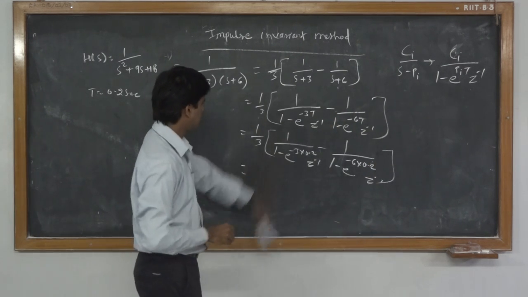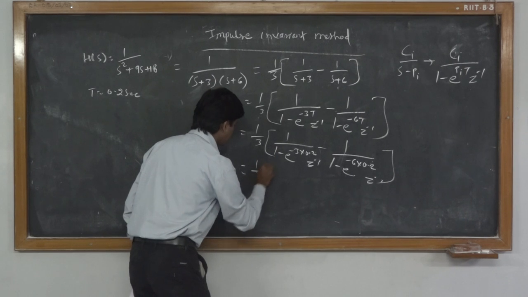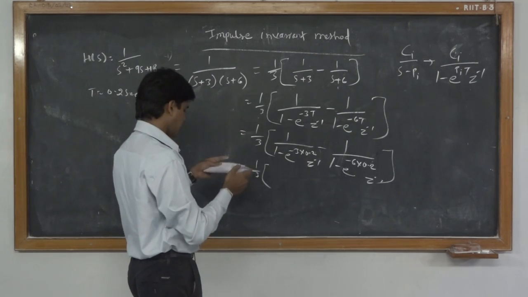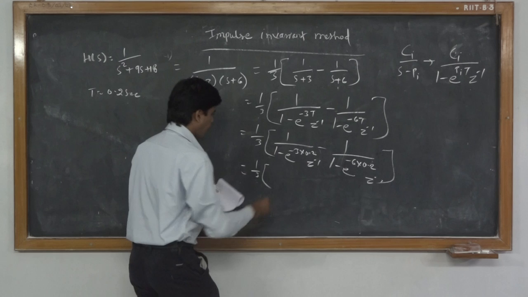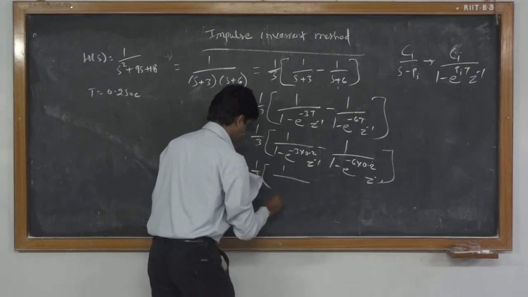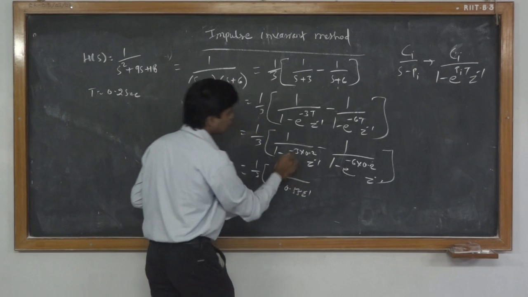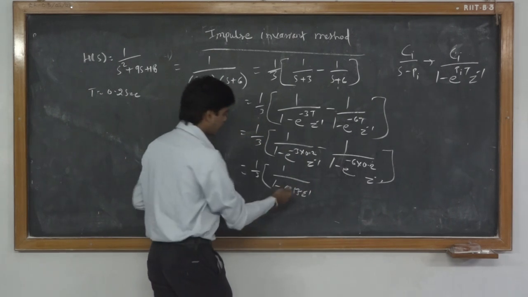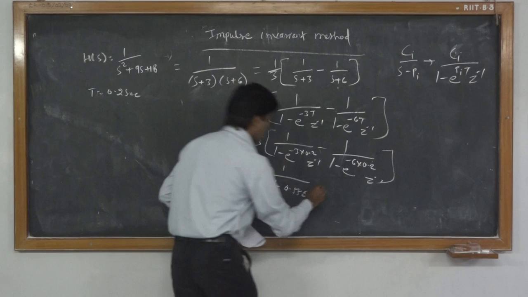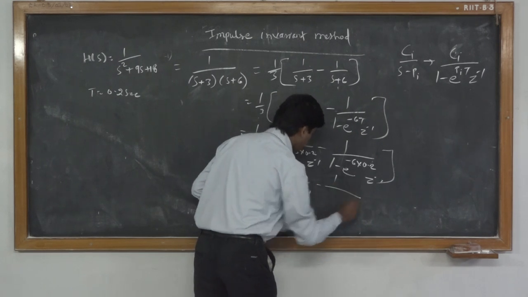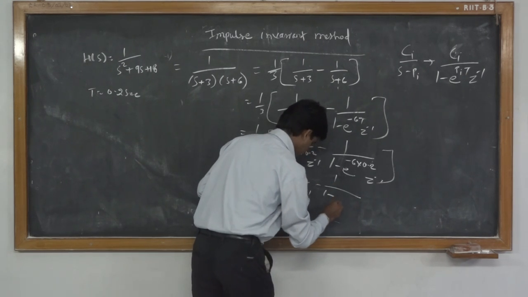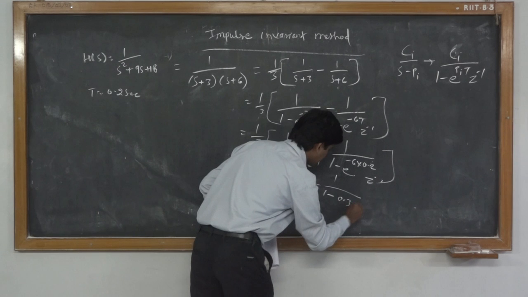So after simplifying it, we are going to get the answer as 1 upon 1 minus 0.55 z inverse, that is e raised to minus 3 into 0.2, which gives 0.55. And in this case it is 1 upon 1 minus 0.3 z inverse.